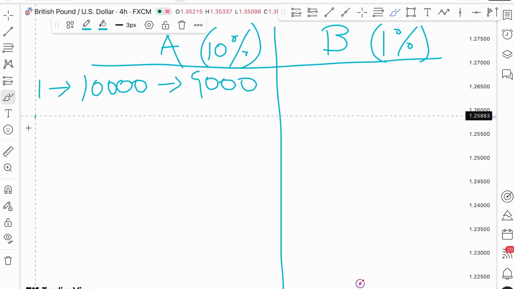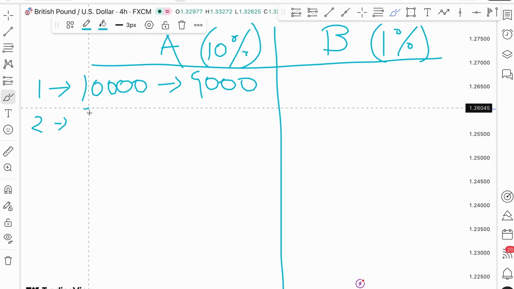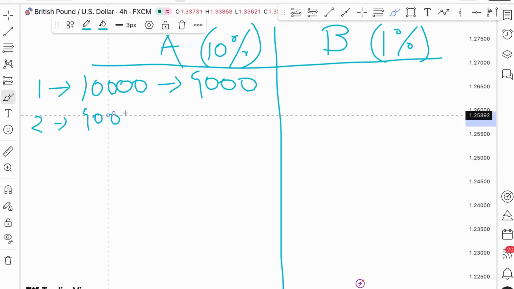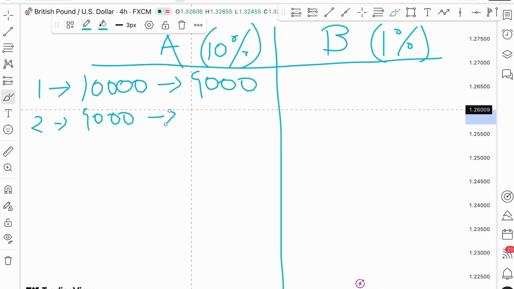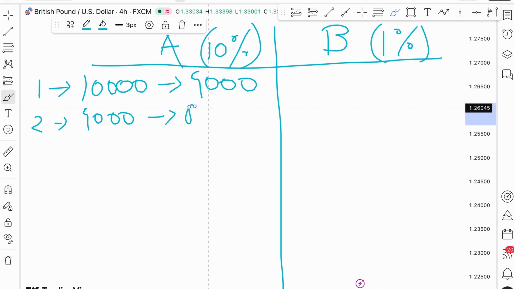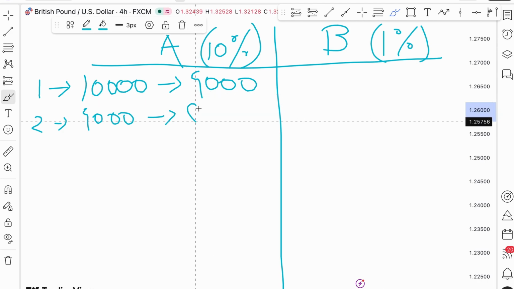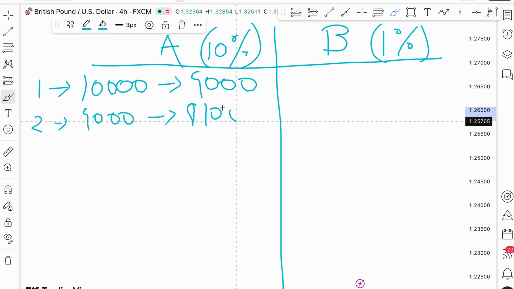Imagine the second trade, which stands at an account balance of 9,000. When we risk 10% and lose 10%, we are going to get a 900 loss, taking us to 8,100.